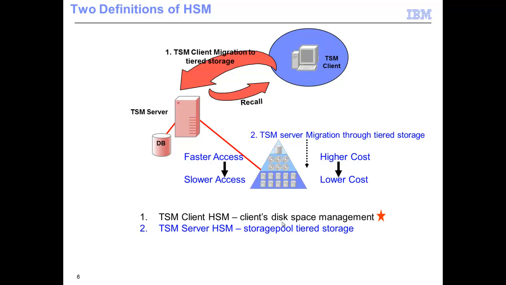The second term associated with HSM has to do with the TSM server, where we can take data that was originally backed up to disk and then migrated out to tape, and then if a new tape drive is introduced, move that data out to that new device. We're not covering the second piece in this presentation. What I'm focusing on is the taking of end users' data and migrating it to Tivoli Storage Manager into that storage hierarchy.